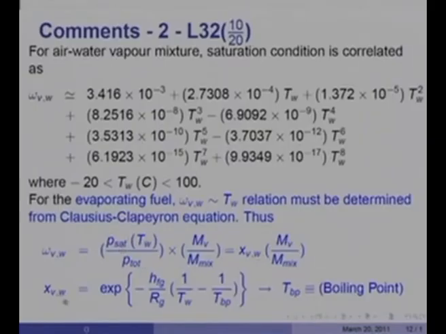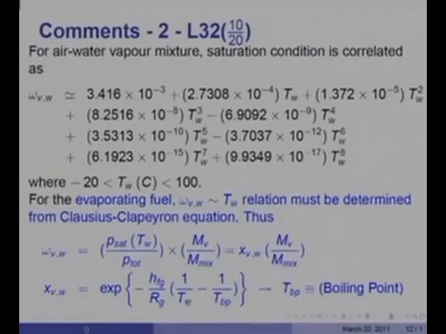Xvw would be given by exponential of minus Hfg divided by Rg into (1 over Tw minus 1 over Tbp). For all liquid fuels, typically you will have the boiling point known and Hfg known, and therefore Xvw can be recovered for a given Tw.